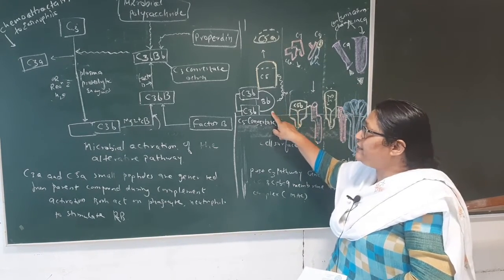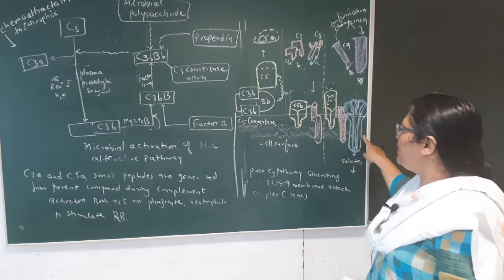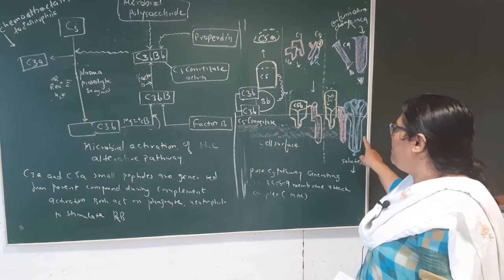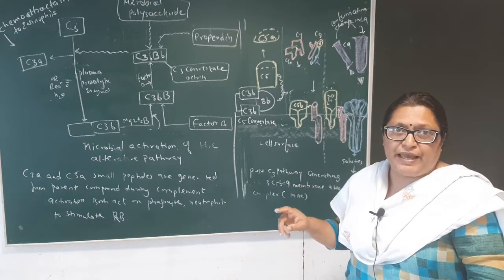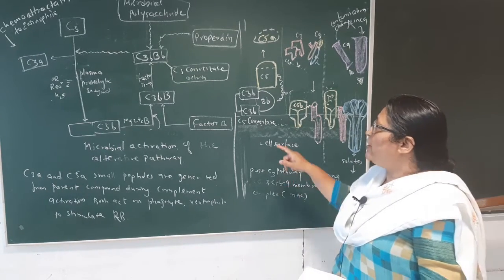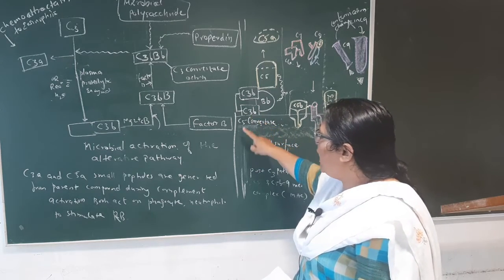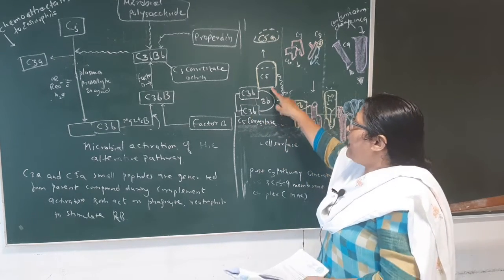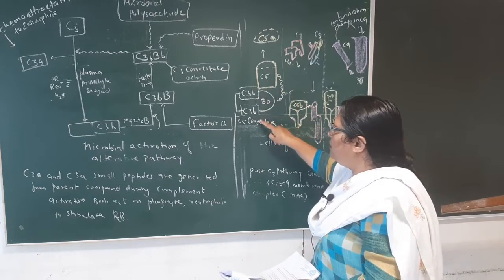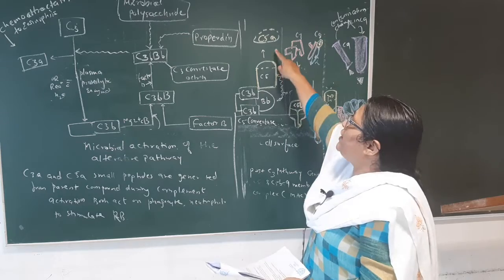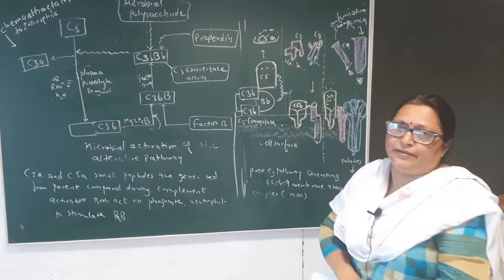What is this? This is the requirement for the formation of the complex, which is termed the membrane attack complex, MAC. Once C3a and C3b are formed, they act on C5, and C5 convertase converts C5 into C5a.